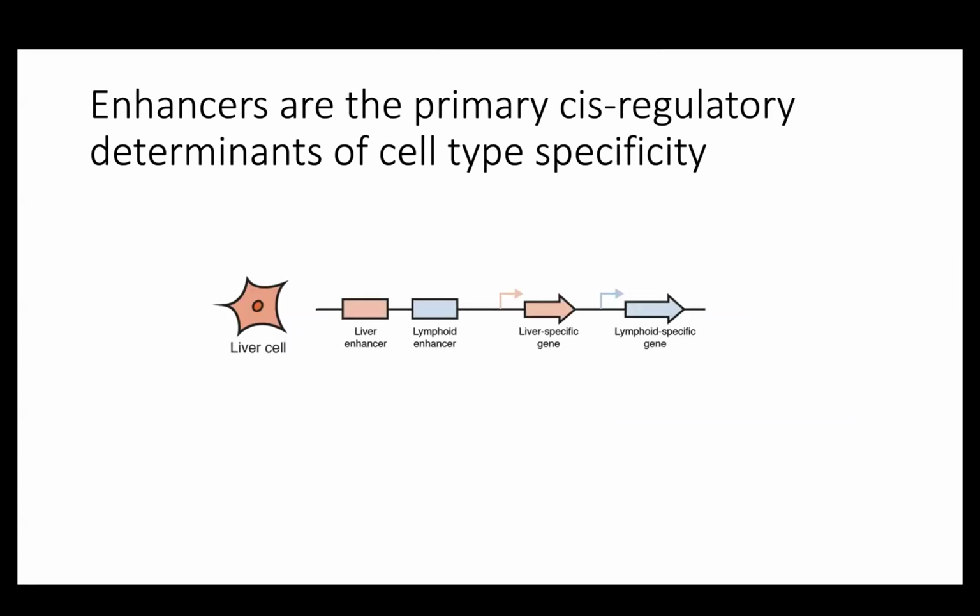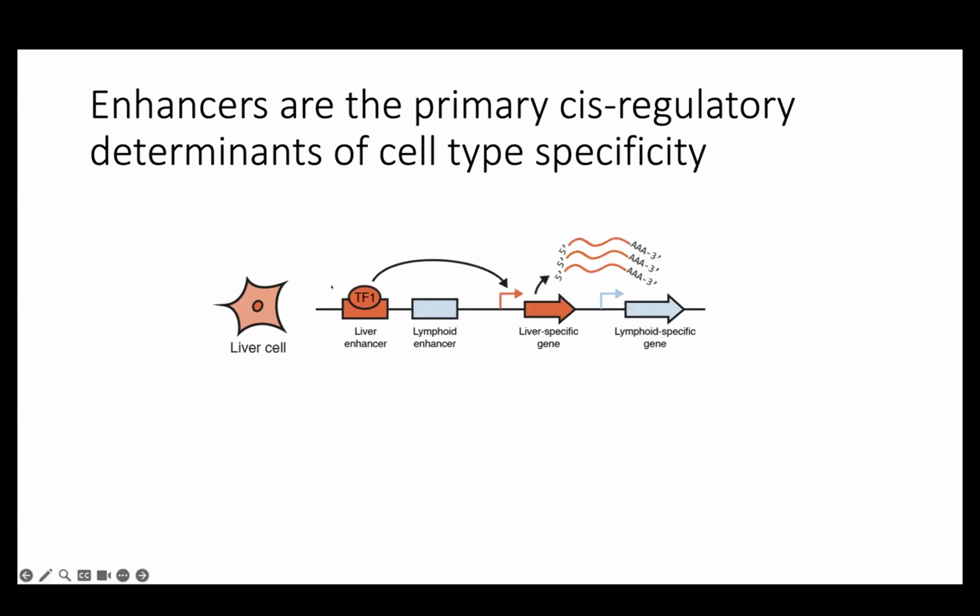And so just very briefly, to introduce this concept of an enhancer, enhancers are essentially cis-regulatory DNA sequences that are often relatively far away from their target gene. These enhancers bind transcription factors, like shown here.